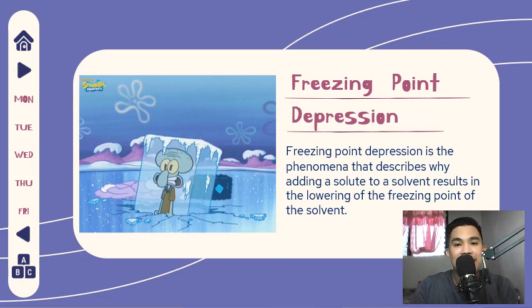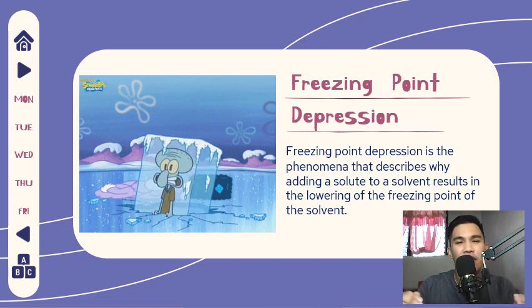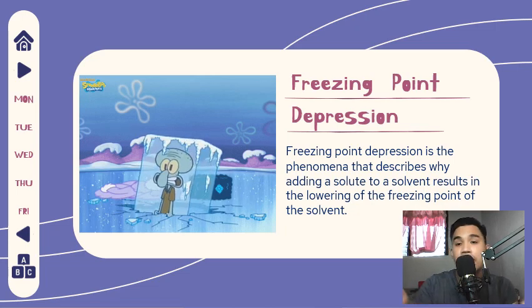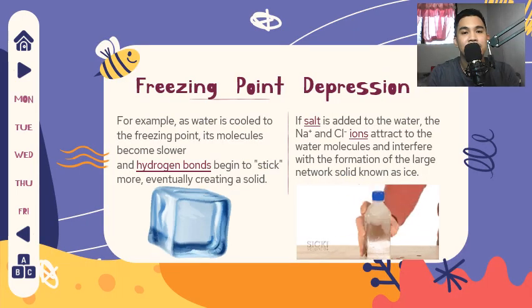So when we say freezing point depression, we expect that the freezing point for a solution, given the presence of a non-electrolyte or even an electrolyte, will go down beyond 0 degrees. So in order to achieve a solid, the solution must be cooled to an even lower temperature.